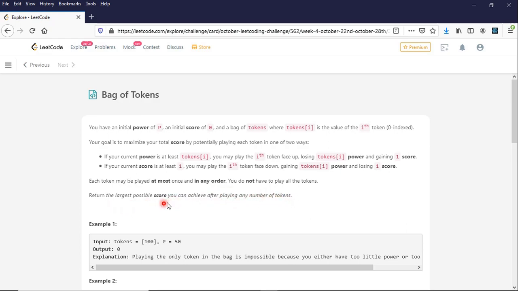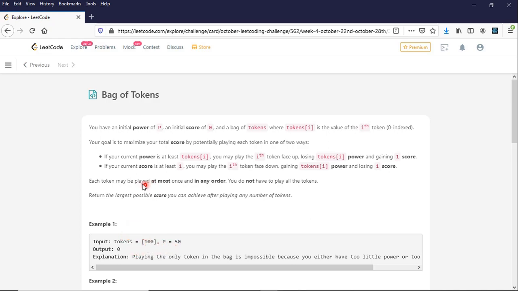So we have to maximize the score here. Initially they will give us some power p, so you can trade the power for the score. The power you can give is based on the tokens[i], provided the power is available to you.